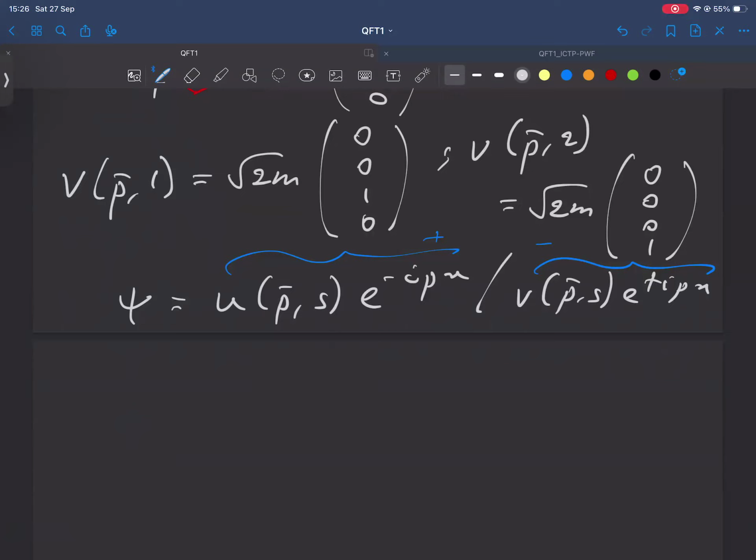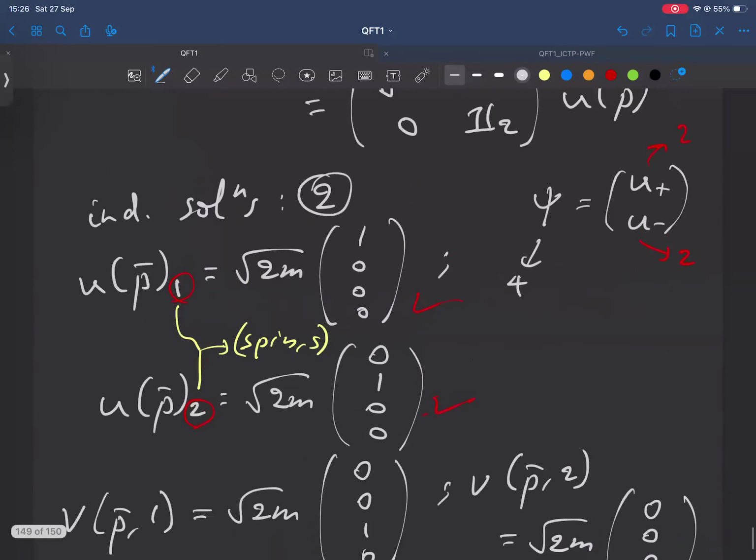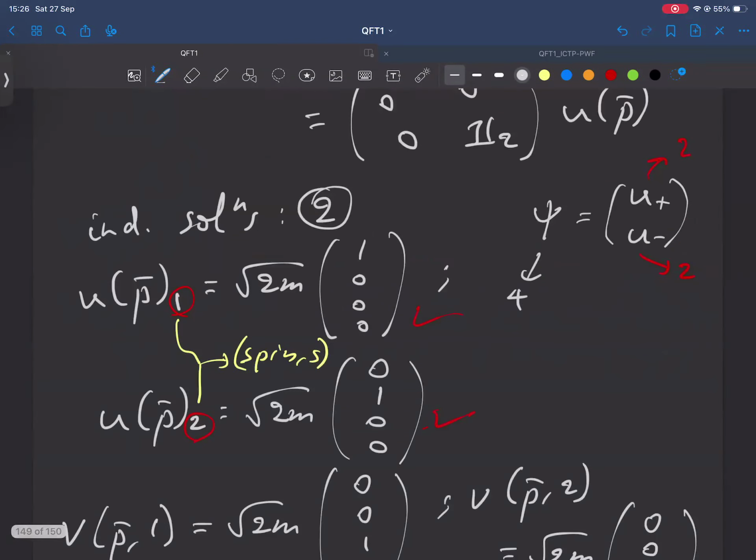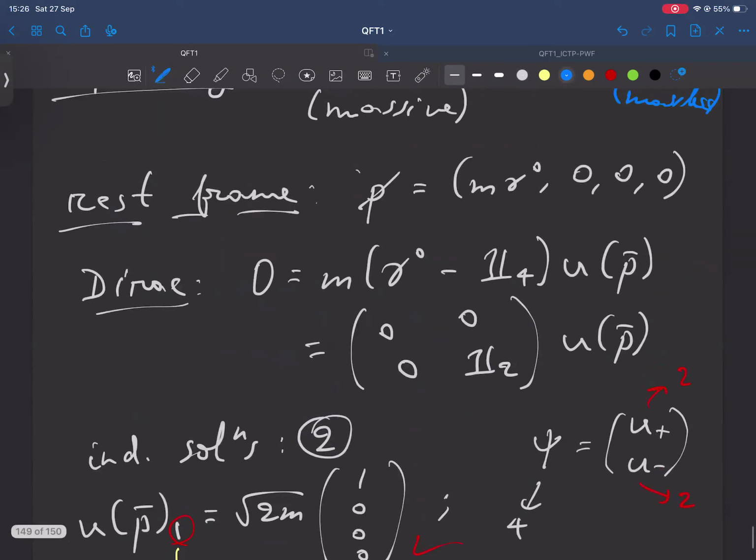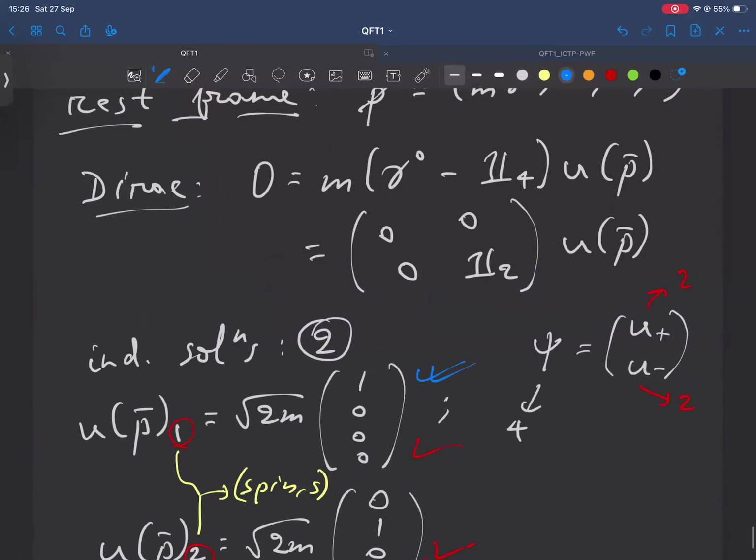Yes, there's a question. Are those only for the rest frame? Yes, we computed their explicit form in this particular rest frame, so this form is for the rest frame only. But you know how spinors transform under Lorentz transformations, so you can move to any general frame.